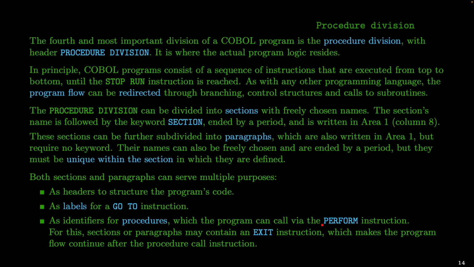So there's a perform instruction in COBOL which allows you to do procedure calls using a section or a paragraph name. And if you do this, then a section or a paragraph may contain an exit instruction. This is like a return instruction in other programming languages. And once you reach this exit instruction, you will branch back to the original procedure call and continue program execution there.